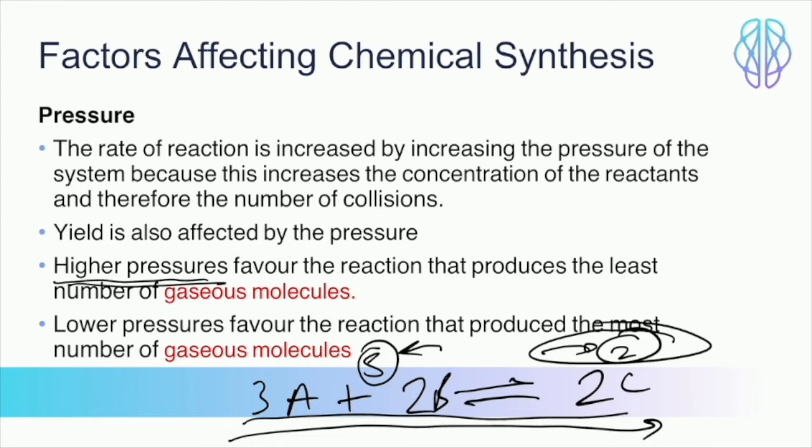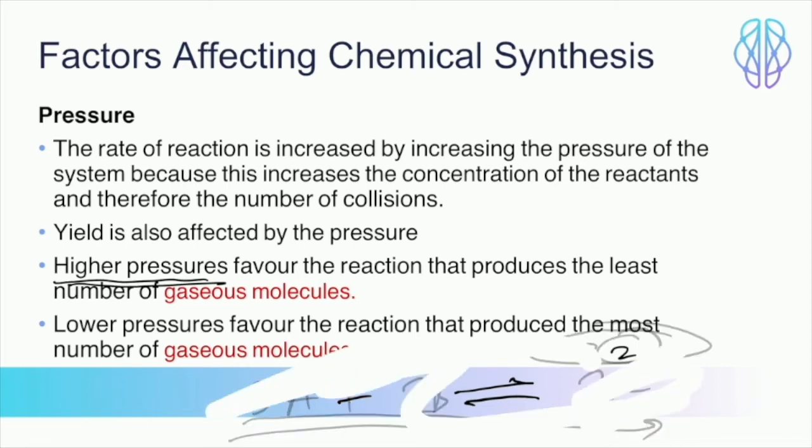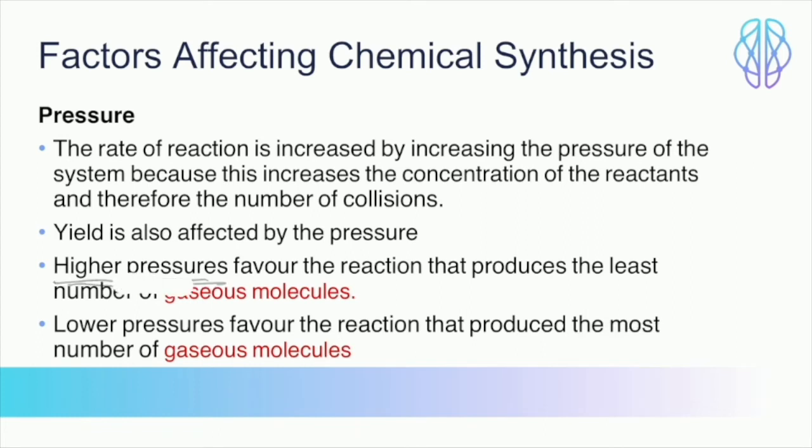So thus, higher pressures favor reactions that produce the least number of gaseous molecules. Conversely, the opposite is also true. Lower pressures favor the reaction that produces the most number of gaseous molecules. So yield is directly affected by pressure.